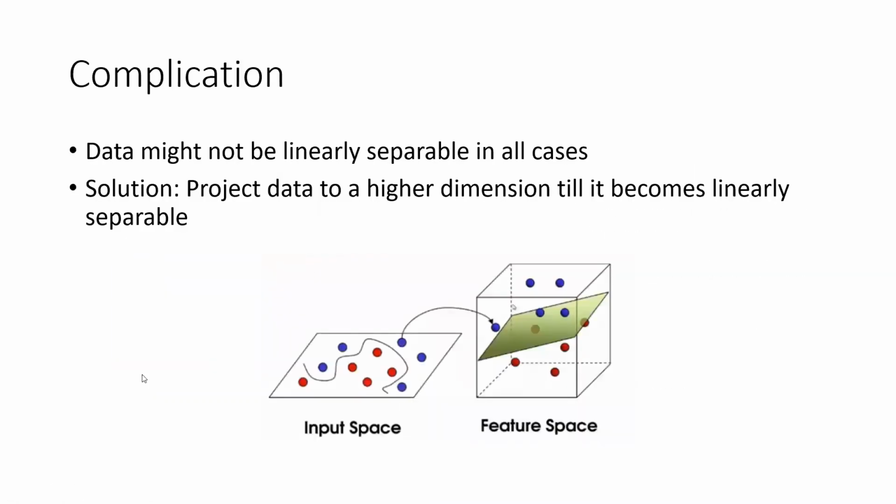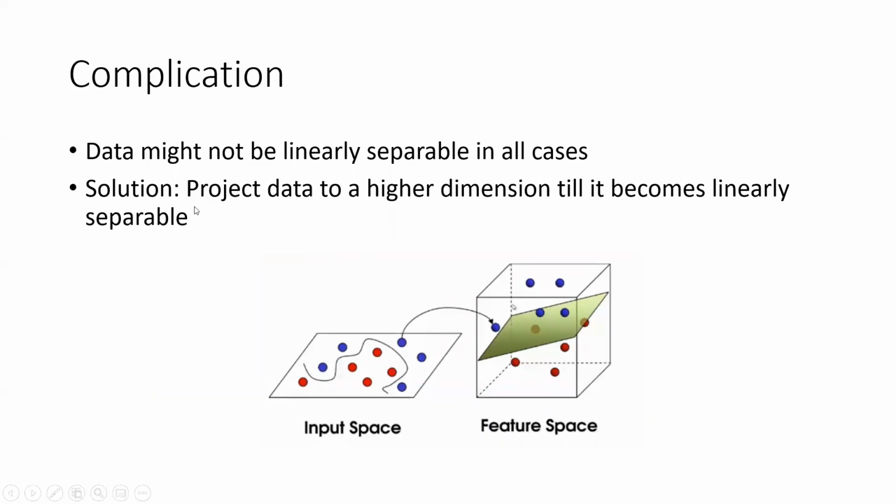So that is why you consider this picture over here, which we are calling the input space. Here it is not possible to draw a perfect straight line which will accurately classify these data points into two classes. So in these situations, you project the data to a higher dimension until it becomes linearly separable.